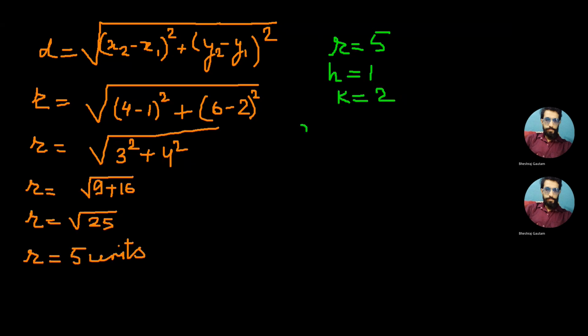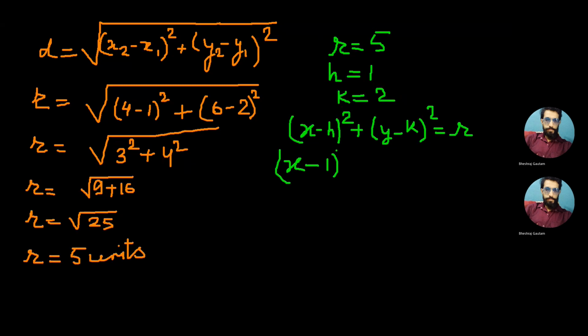That is, we have the standard form of equation of circle as x minus h whole square plus y minus k whole square is equal to r square. So here we put the value of h, k and r, and then we get x minus 1 whole square plus y minus 2 whole square is equal to r square, written as 5 square.